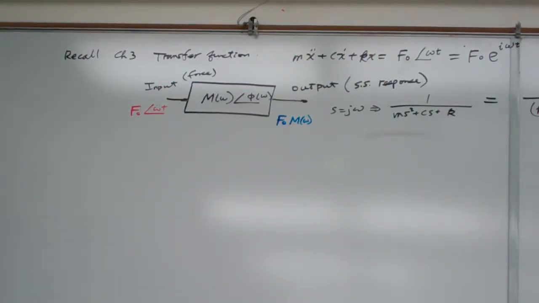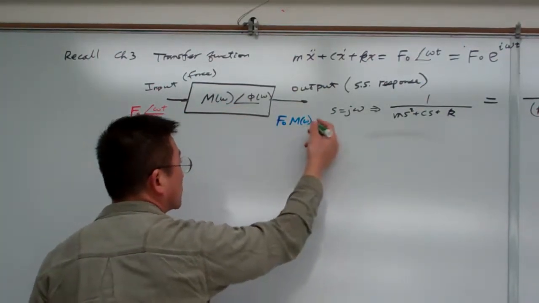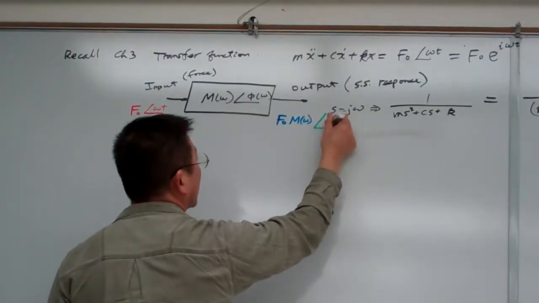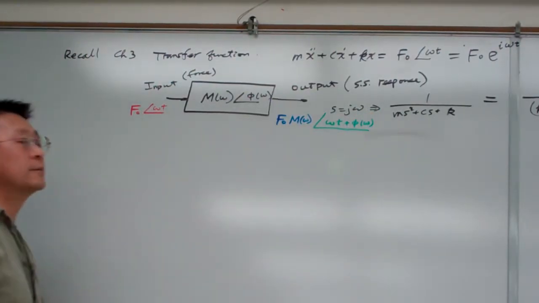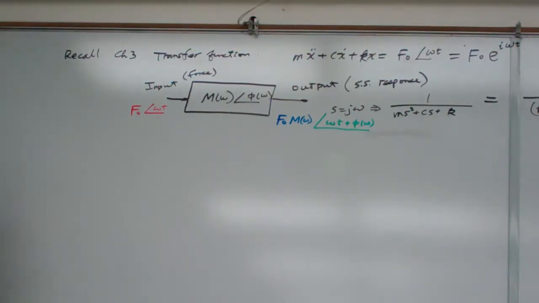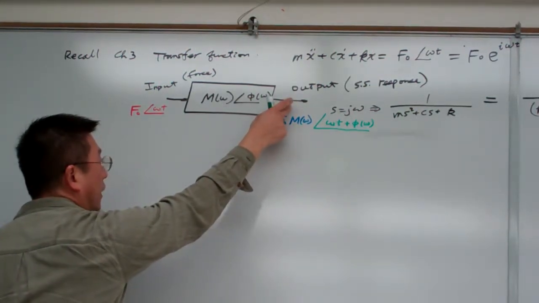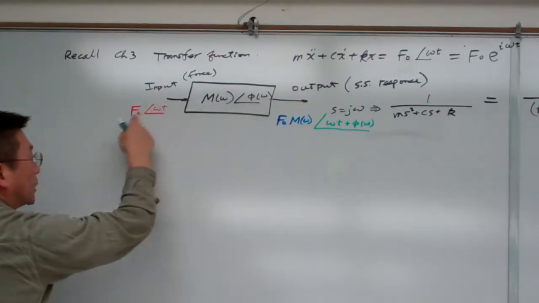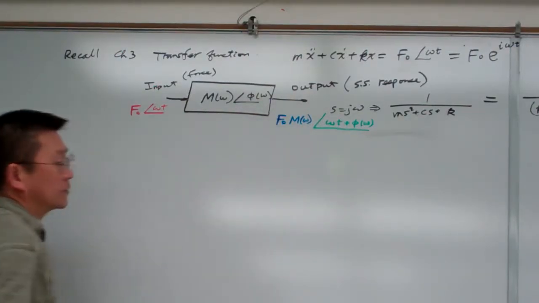And the phase angle is the summation of the input phase angle plus the phase angle of the transfer function. So that phase angle equals omega t plus phi omega. Okay. You good? If you remember the transfer function concept, transfer function basically allows us to do the algebraic calculations of the output. Again, the magnitudes are multiplied together, the input with the transfer function. Phase angles are simply added together.